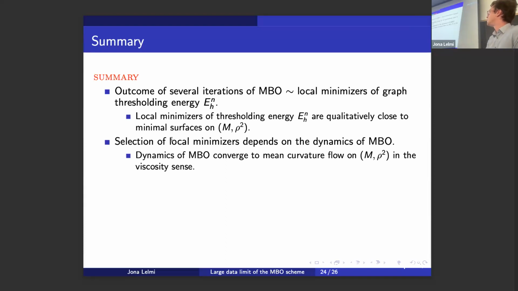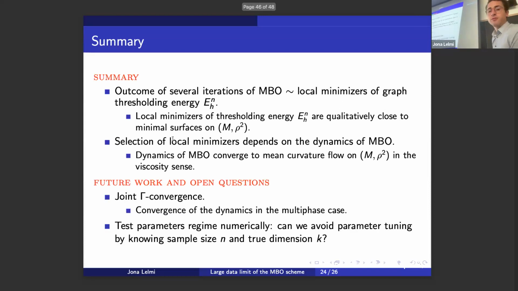Then we have seen that the selection of local minimizers depends on the dynamics of the MBO scheme, and thus we studied the dynamics of the MBO scheme, proving that it converges to mean curvature flow in the viscosity sense. As future work, we would like to study the joint Gamma convergence of the thresholding energy that I was talking about before, because this would allow us also to study the convergence of the dynamics in the multiclass case.